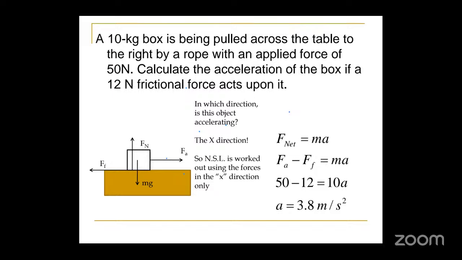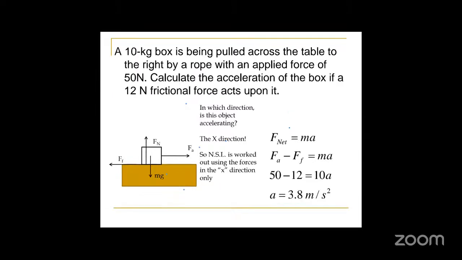So for a second law problem, we start by writing the formula, F net is equal to MA. So what is F net? F net is the sum of the forces acting on the object, horizontally.